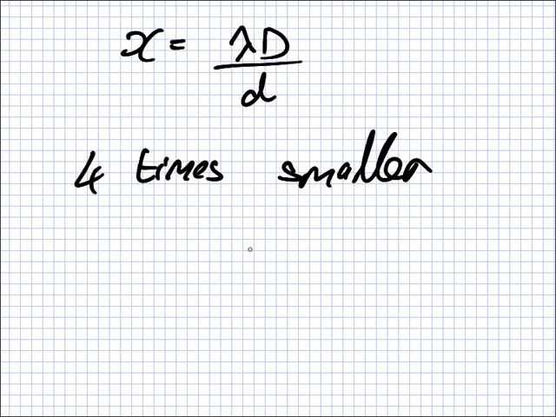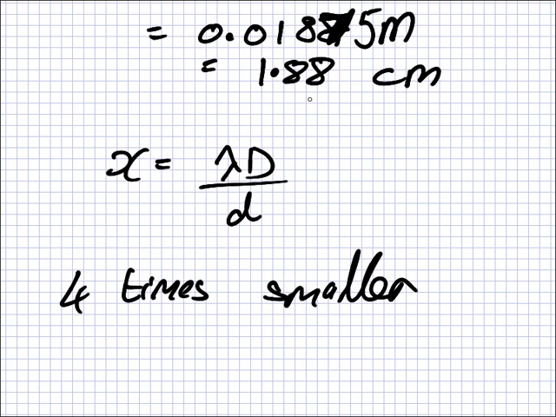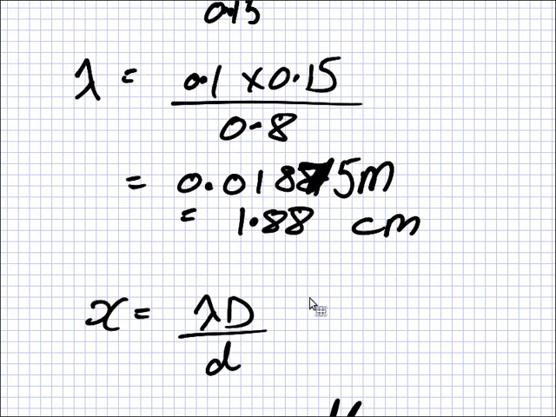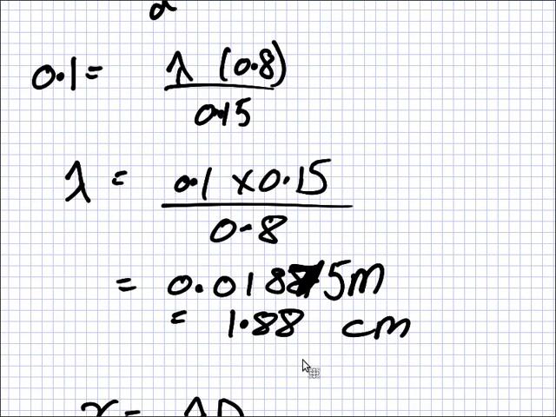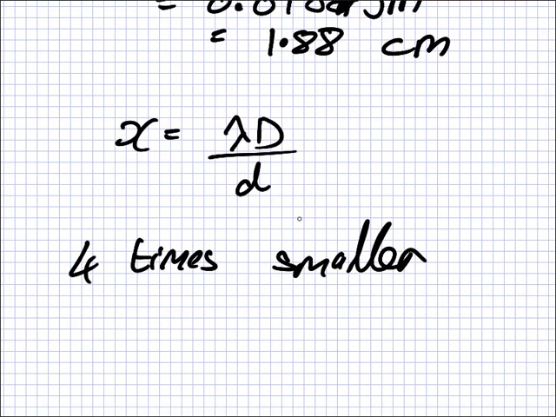The answer wants us to calculate it, so 10 over 4. What was the x? It was 0.1. They want the new x. So it's just that divided by 4, isn't it? So what's that? 0.025 meters. Okay, what's next?